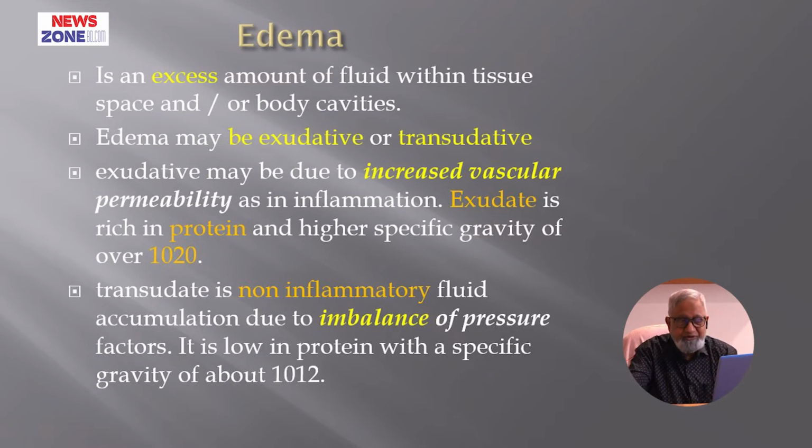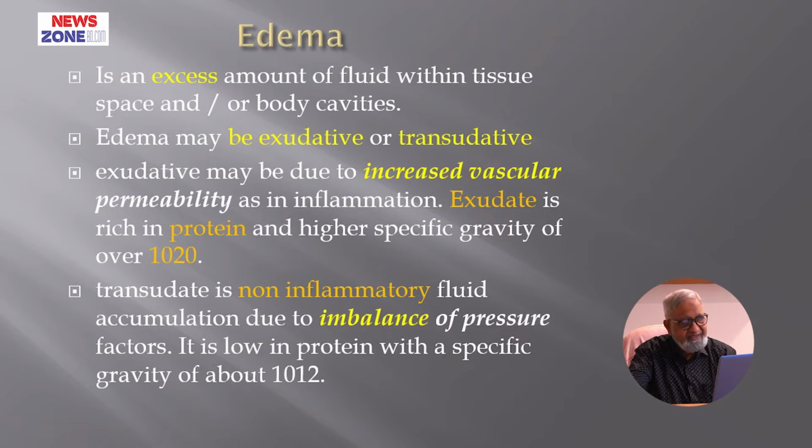Before going to how edema occurs, what is exudate? It is a fluid rich in protein, having higher specific gravity, more than 1020, and exudates may be due to increased vascular permeability.